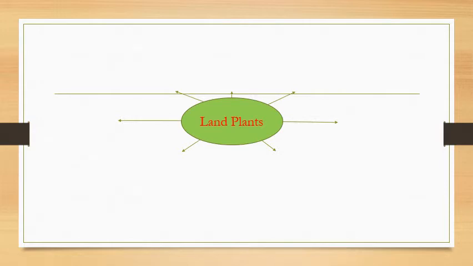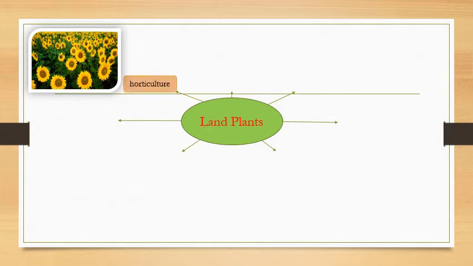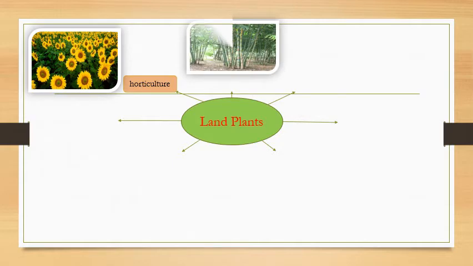Now kids, let us tell what are those plants that grow on the land that are called land plants. First, sunflower, that is called horticulture. Second, we have forest plants, and they are named bamboo plants.